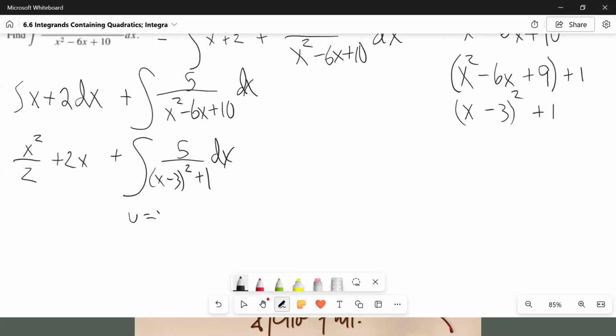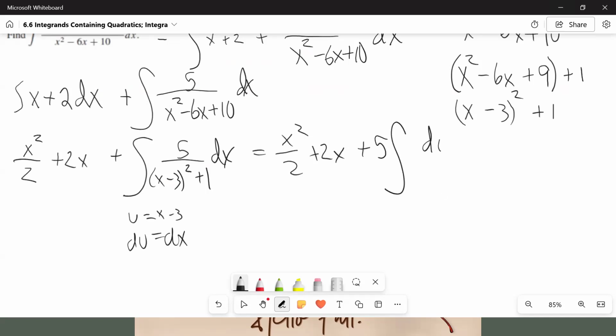So u equals x minus 3, du equals dx. So we would have x squared over 2 plus 2x plus 5, I'm going to factor that out, times the integral of du over u squared plus 1.